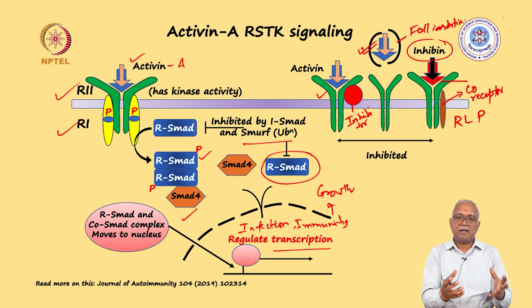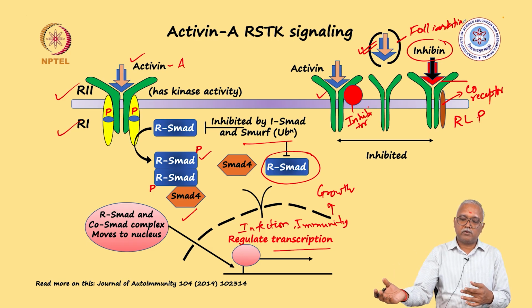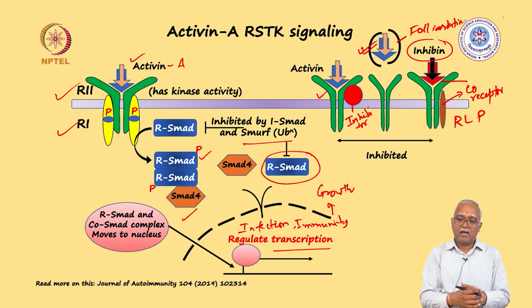So you see that activin is working through receptor serine threonine kinase and it is following the canonical pathway, but on the other hand you have a set of regulation at the level of activin itself or the receptor activation itself.